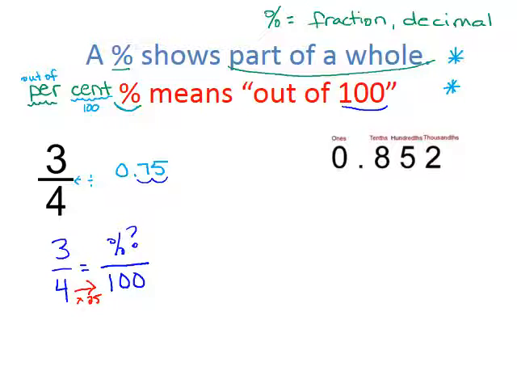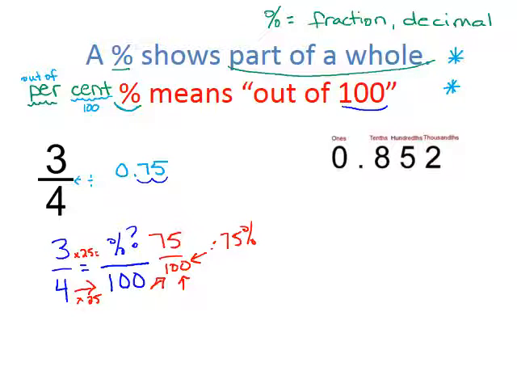The law of fractions says what you do to the bottom, you have to do to the top. Okay, so your answer there would be 75. Once you have that 75 out of 100, you can say, well, anything out of 100 means percent. So that's 75%.